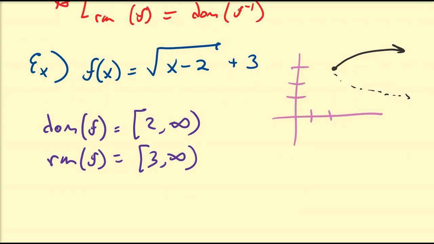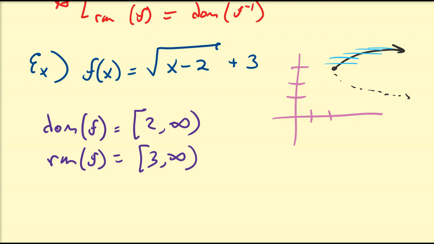So does this function have an inverse, and if so, what does it look like and what is it? In case you haven't realized, the domain and range flip. So if we were to do a horizontal line test on this graph, if we were to flip the x values and y values around, if this curve passes the horizontal line test, its inverse image should pass the vertical line test.